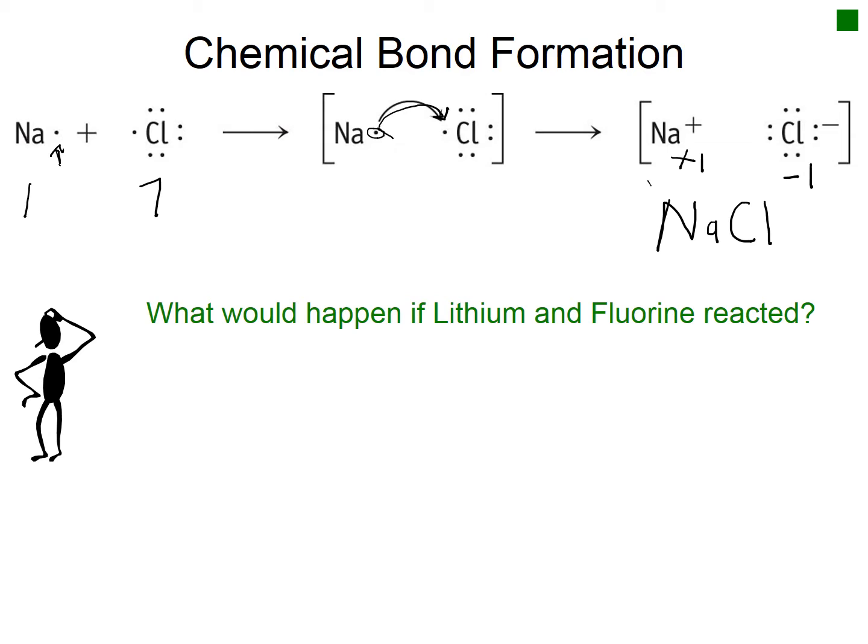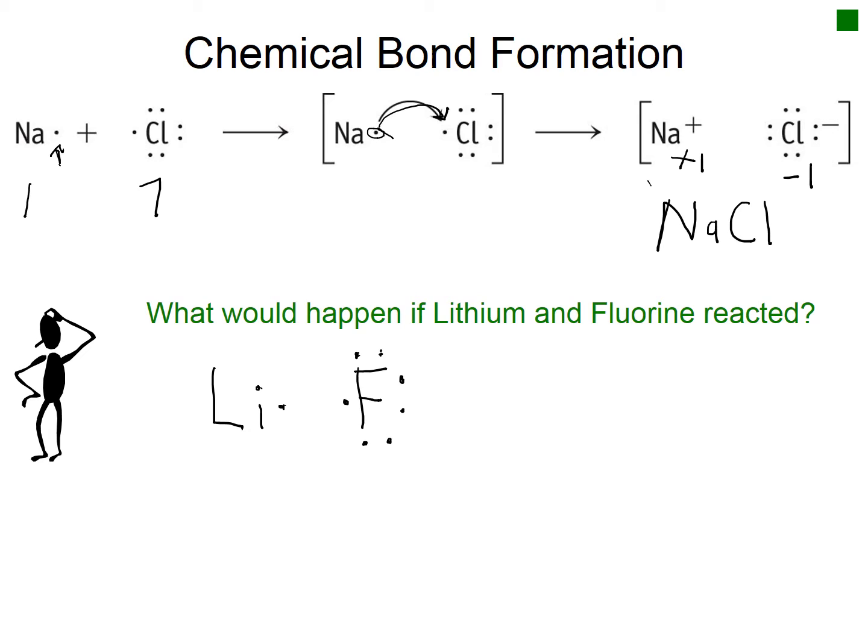Alright, so if we take a look at lithium, we can draw out its elemental symbol Li, and thinking about lithium, it's also in group 1, meaning it would have 1 valence electron. Fluorine, you can draw out F for fluorine. It's also in group 7, meaning it has 7 valence electrons. So we can draw 7 around fluorine.